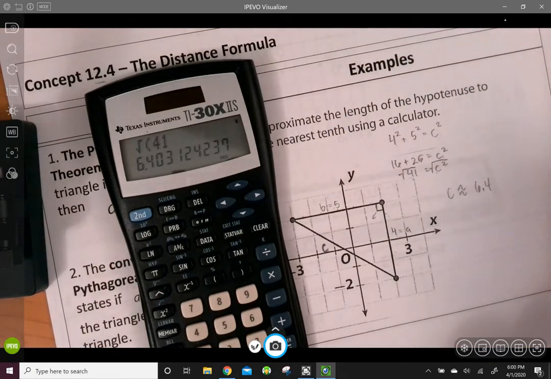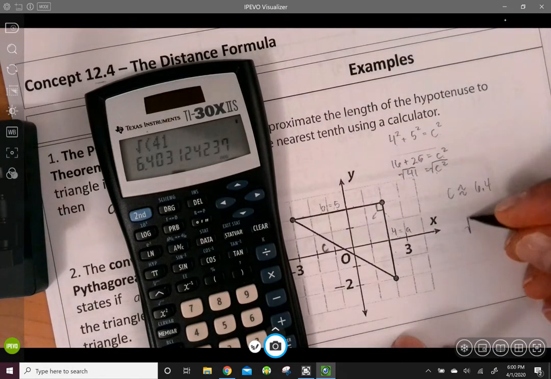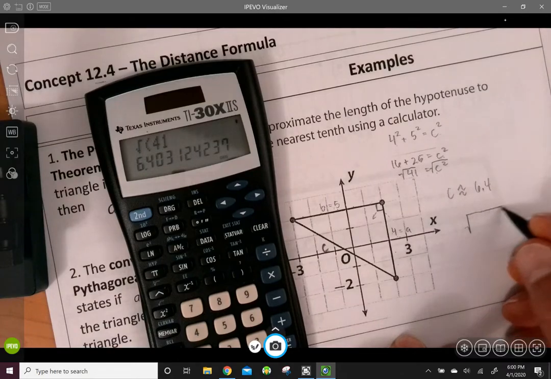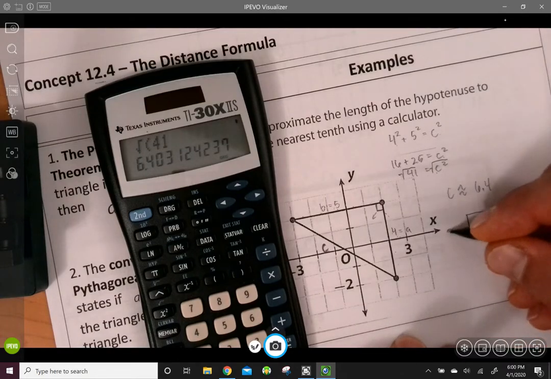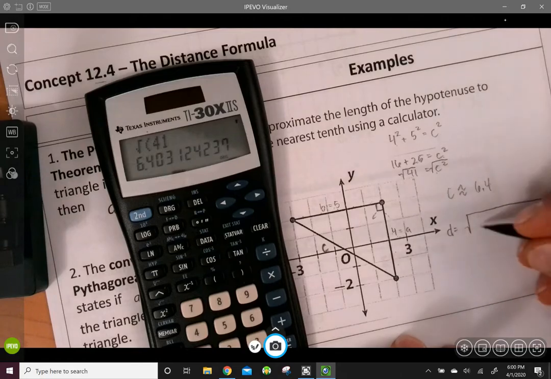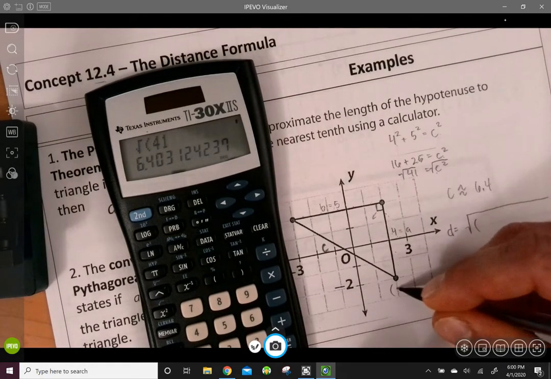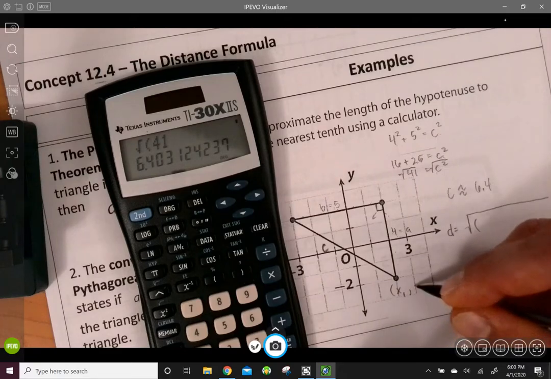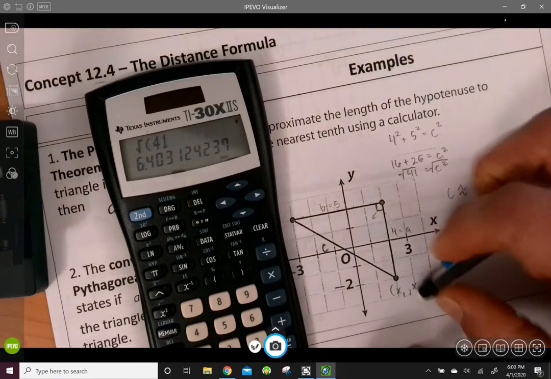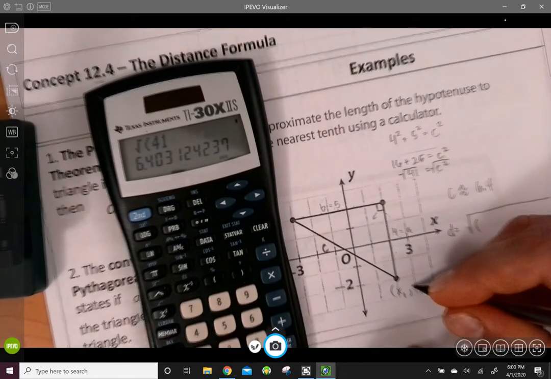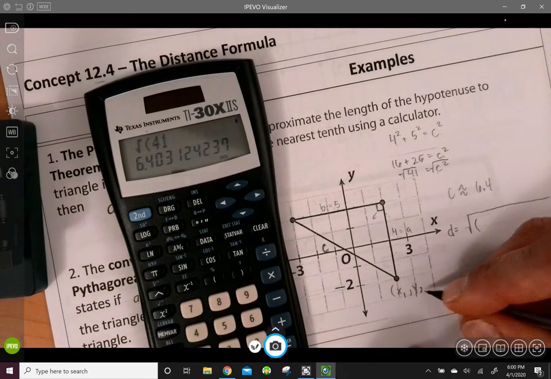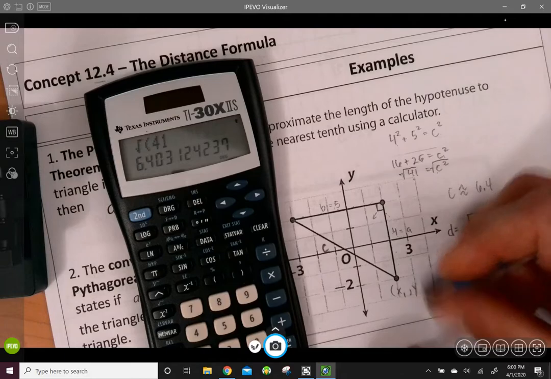Now the distance formula, which we're about to connect, and we're going to get to on the next page, right? Distance between the points is, you guys remember how we label these points? We could label this point x1 and y1.